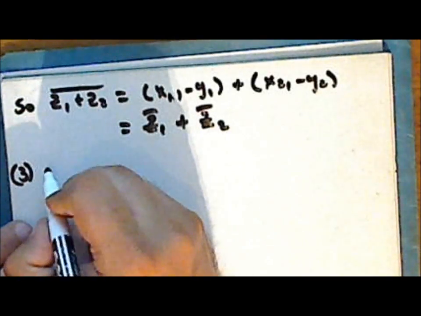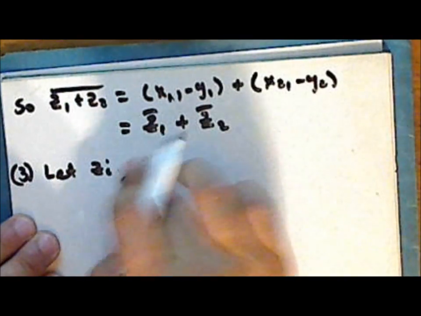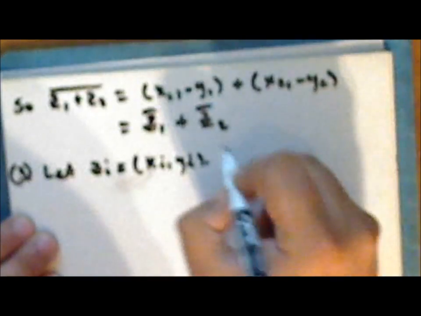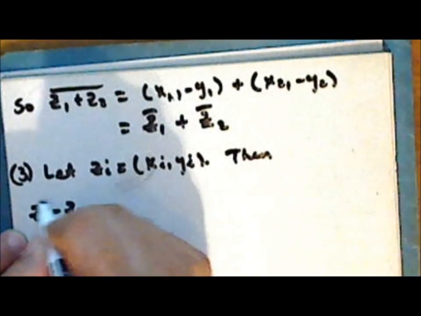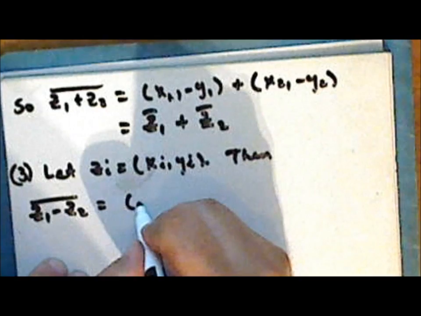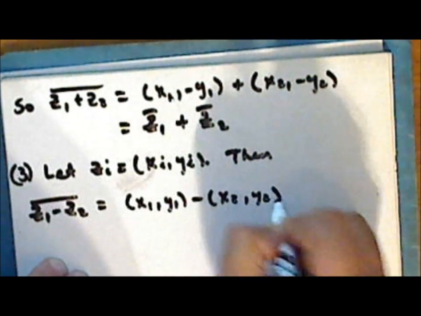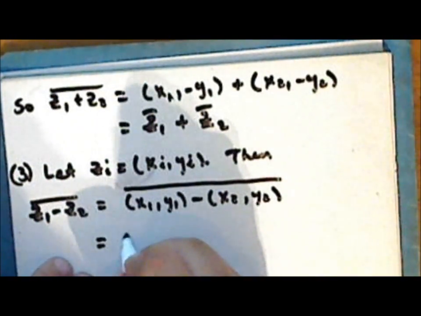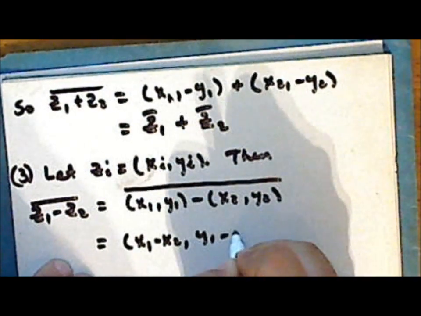So third part. Again, let z sub i be the ordered pair (x sub i, y sub i). Then the conjugate of the difference, z1 minus z2, is the conjugate of the difference of ordered pairs (x1, y1) minus (x2, y2). This is the conjugate of the ordered pair (x1 minus x2, y1 minus y2).